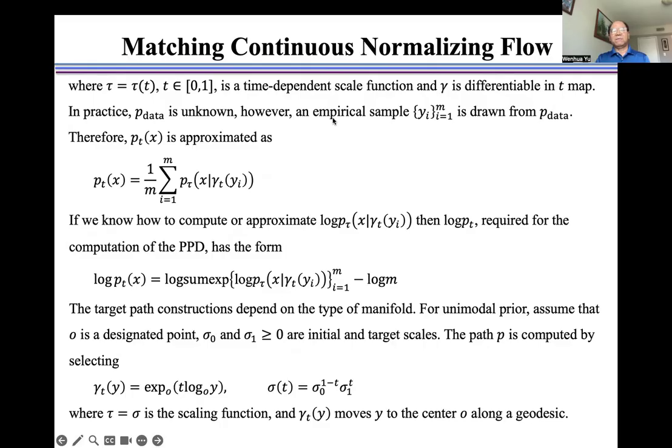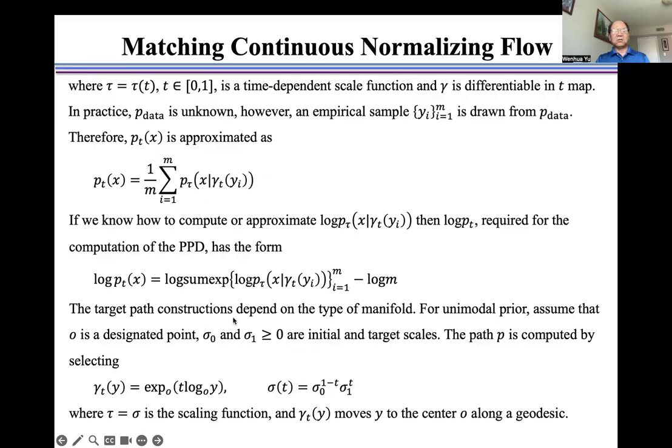However, empirical samples y_i are drawn from P data. Therefore, P_t is approximated as shown here. If we know how to compute or approximate log P tau, then log P_t required for computation of the PPD has the form as shown here.